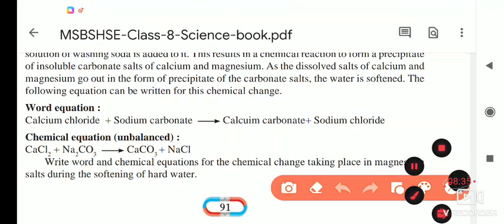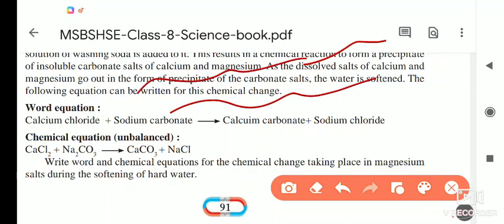As I told you, when the water is moving under the ground, at that time calcium chloride is mixed into the water, and because of it the water becomes hard.